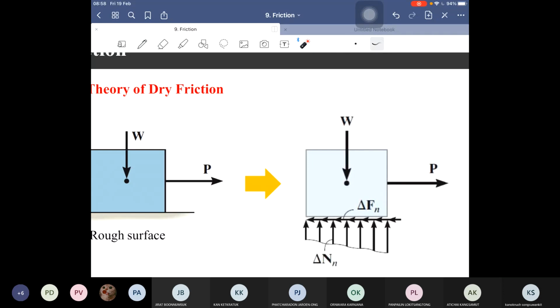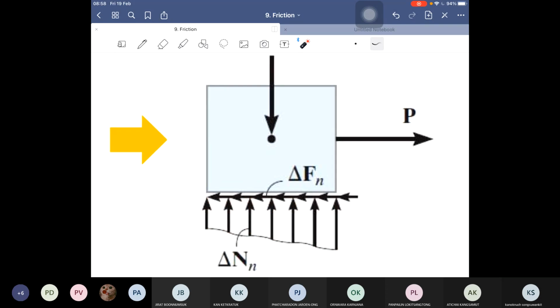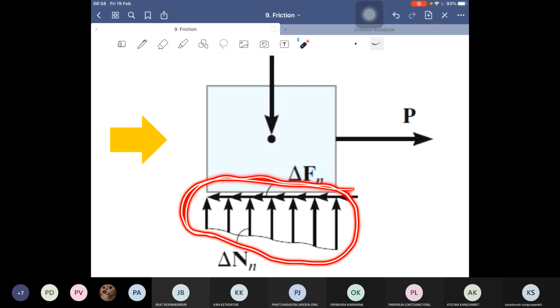So here is the system of normal force. Why is the normal force N not equal at each point? Please imagine that while we are pulling with force P, the floor is a deformable body, so the floor can change its shape. Therefore, the area near the force P gets more load than the area further from the force P. That's why we have this kind of distributed load of normal force.